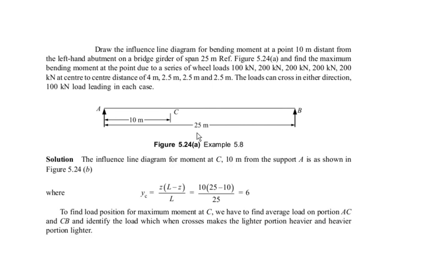It is having a length 25 meter and the point C is at a distance 10 meter from the left support, which means from A the distance of C is 10 meter, and these are the load intensities, concentrated loads 100, 200, 200, 200 and 200.